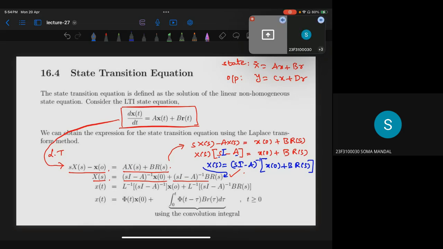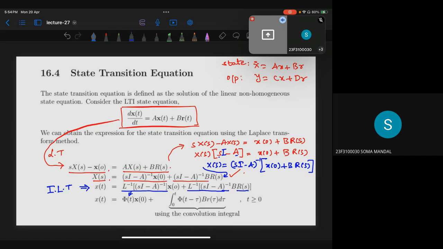So then we are taking the inverse Laplace transform because we are interested to find x of t. This term we already know. What is this term? Phi of t, correct? And this term, what is this? Phi of t. What is this?